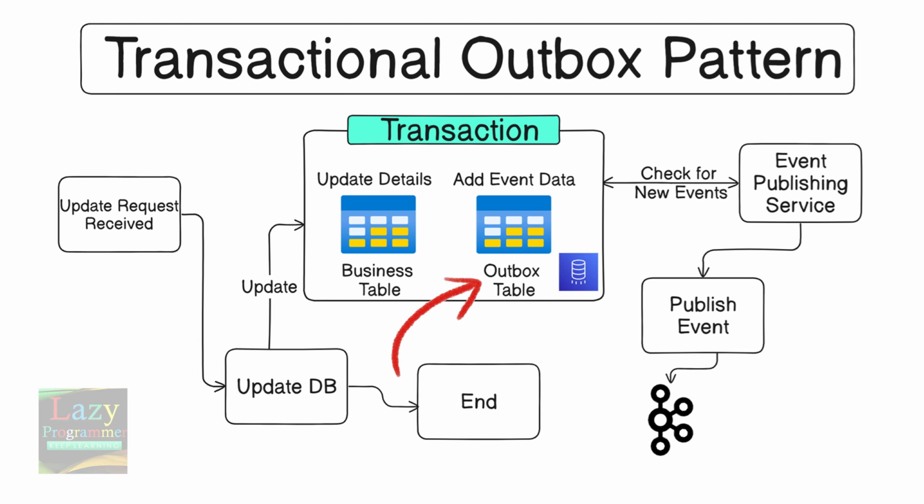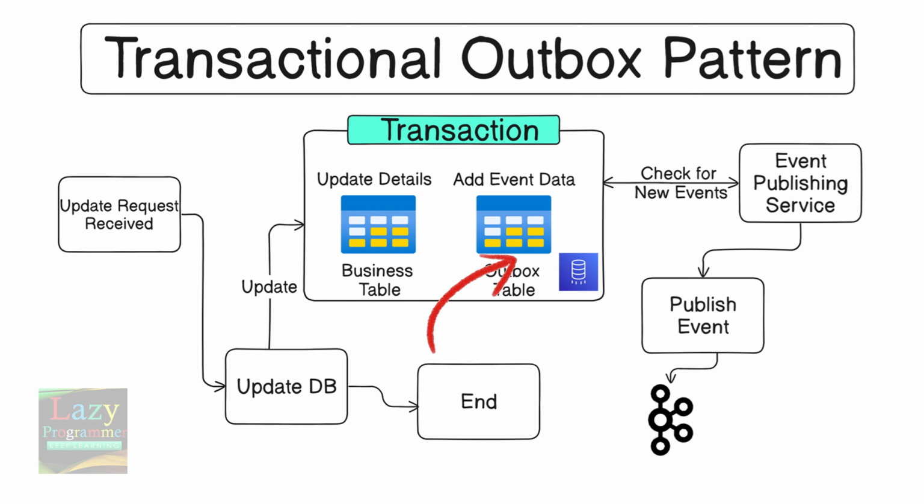So when the deposit money command is issued, a database transaction will be started. First, the data will be updated in business table and then event related data is added to the outbox table. Both of these database operations are part of a single transaction. They both either succeed or are rolled back. This ensures that every business table update has a corresponding event in the outbox table.